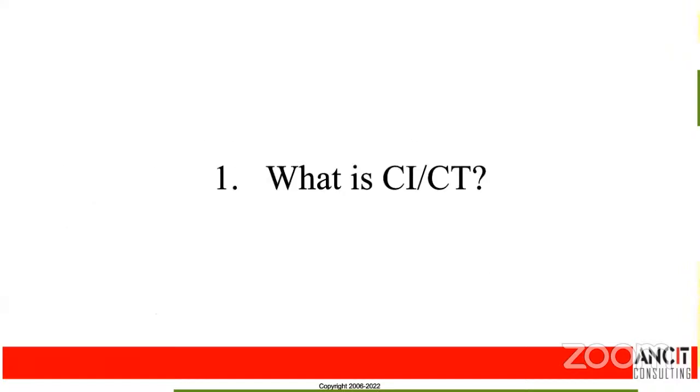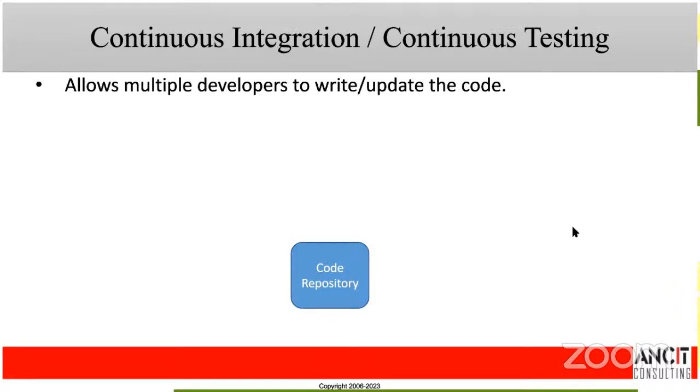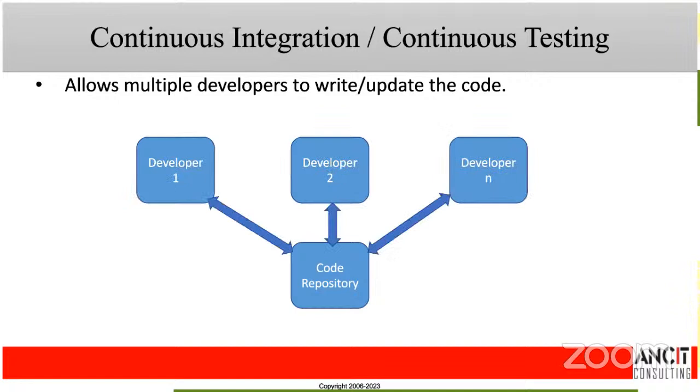So let's start with our basic question. What exactly is continuous integration and continuous testing? This is a means for making our lives easier, in the sense that you can have multiple developers write and update code. In general you'll have, let's say, 1, 2, or n number of developers writing code and depositing it into the code repository.